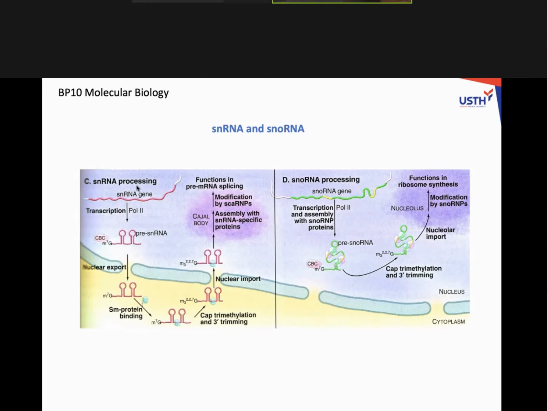So these snRNAs are transcribed by Pol2 in the nucleus, exported in the cytosol. There are a few modifications, okay, cap methylation and so on, and then they are re-imported back into the nucleus. They are present in some subnuclear body, which is called, you heard about this term, Cajal body already? No?